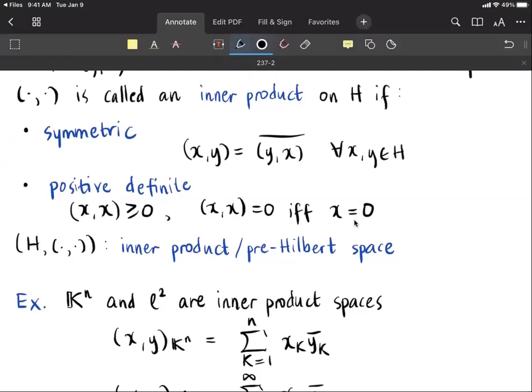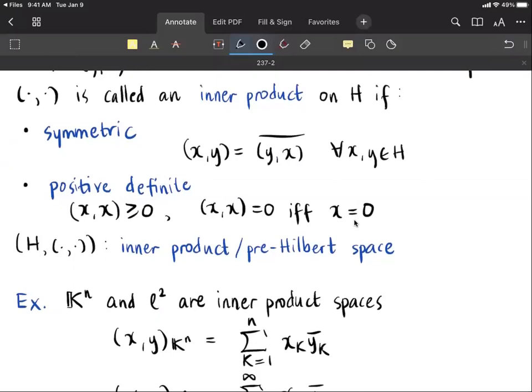In the case of real numbers, of course, symmetry means that you could interchange the arguments. Positive definite means that the inner product of a vector with itself is always non-negative, and it is zero if and only if the vector is zero. So if you have an inner product, pair it with the vector space H, then we call this pair an inner product space or a pre-Hilbert space.